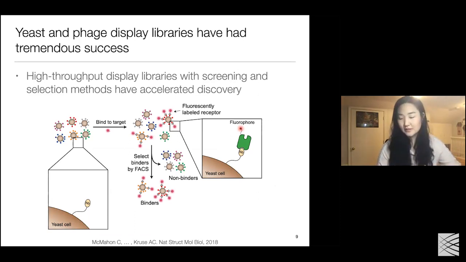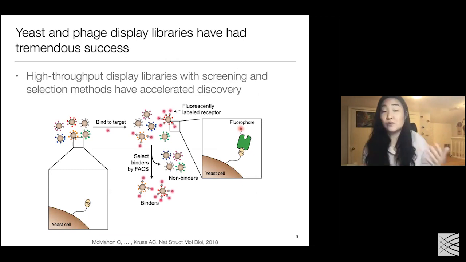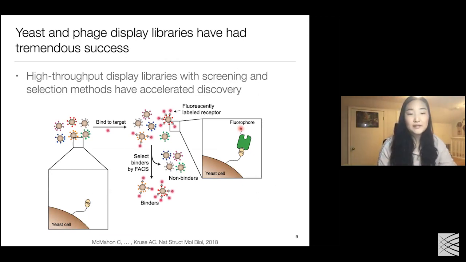And so what this consists of is you have a nanobody library, or a library of sequences and nanobodies or antibodies. And you can display these molecules on the outside of yeast cells or phage. And now you have a library of cells expressing antibodies.